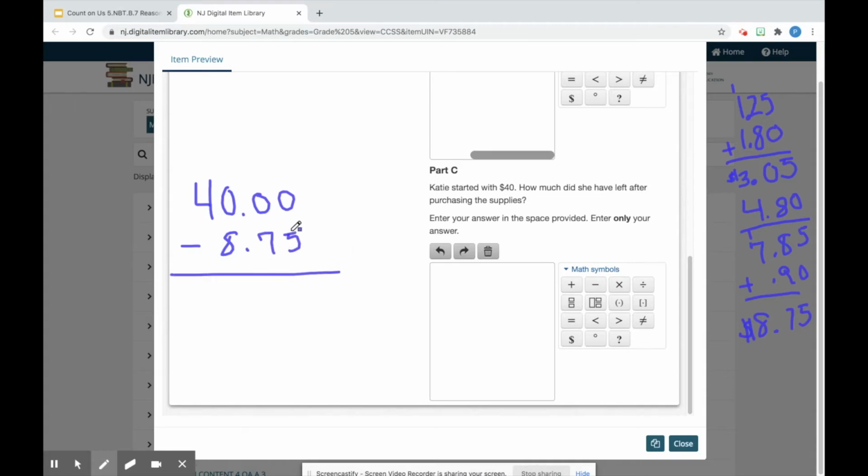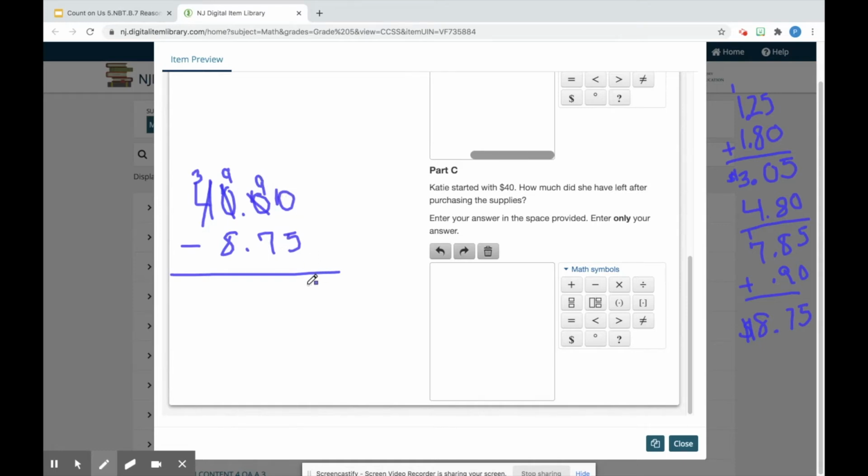All right, it's a lot of subtracting across zeros now. This will become a 3, and I'm going to regroup here. I will do the same thing here and regroup over here. And then I have one more time to regroup, which would be right here. Now I think I'm ready to subtract.